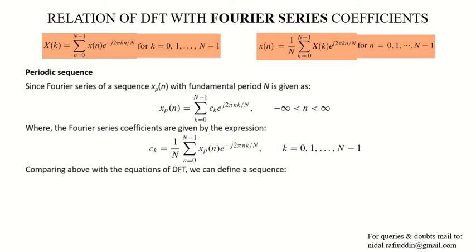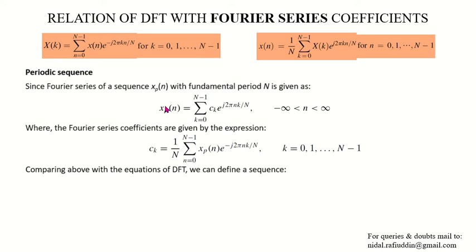Now if we try to compare these equations with the equations of the DFT that are highlighted above at the top, we see that the Fourier series coefficient sequences are similar.